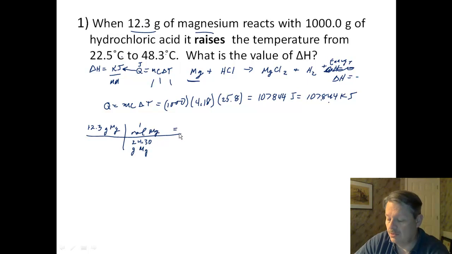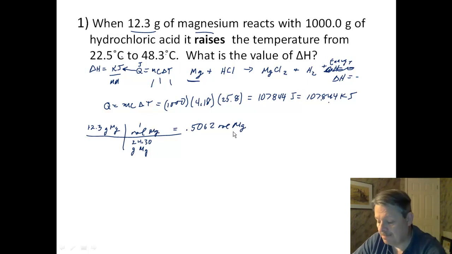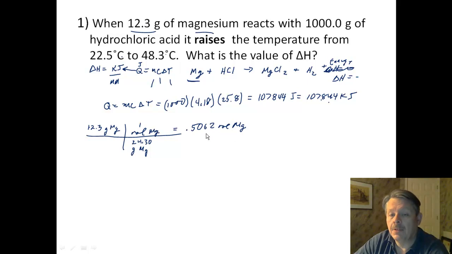So this gives me 0.5062 moles of magnesium. All right, so let's just stop for a second. 0.5062 moles of magnesium will give us a lot of energy, and it raises this many joules of energy.